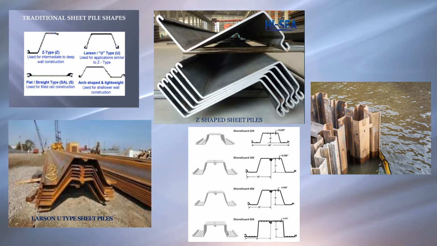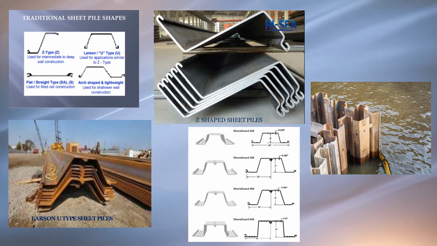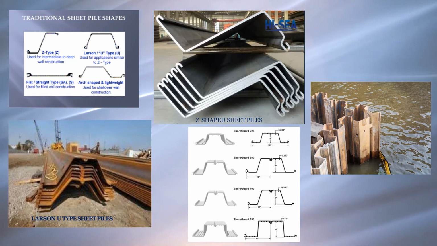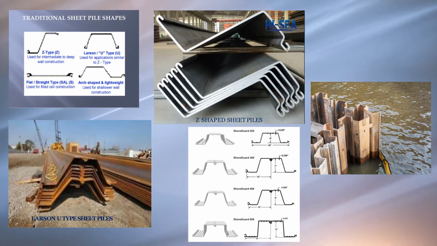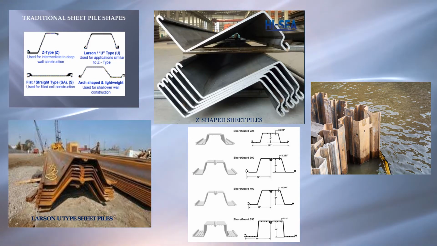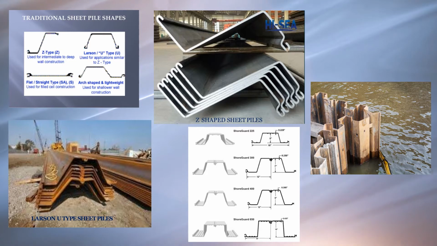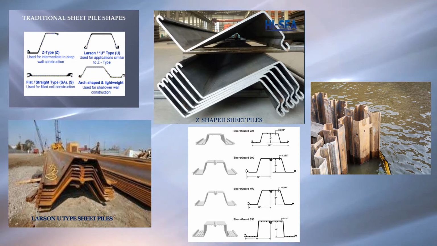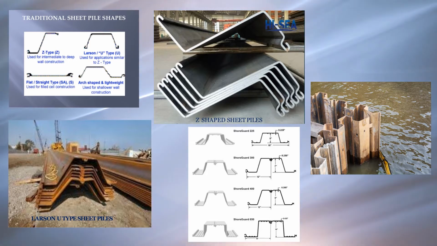Basically, sheet pile used for cofferdam has 4 shapes. Number 1. Z-type. Usually used for intermediate to deep wall constructions. Number 2. Larssen or U-type. Usually used for applications similar to Z-type. Number 3.